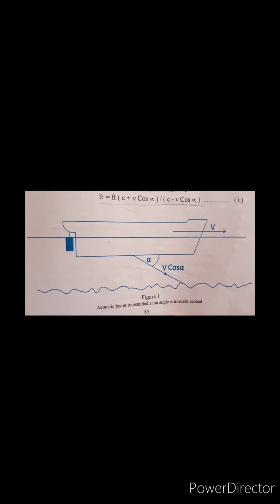This gives a component V cos alpha of ship velocity towards the seabed, thus causing a Doppler shift in the received frequency. So the formula we get is Fr = Ft (C + V cos alpha) / (C - V cos alpha).